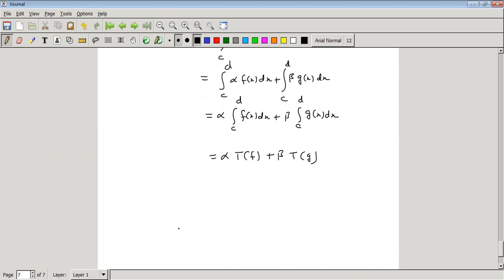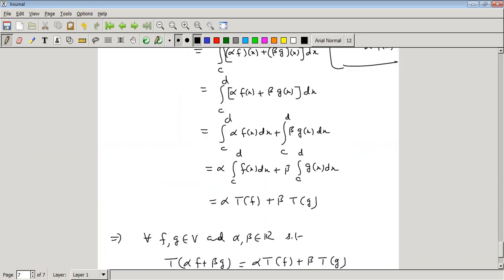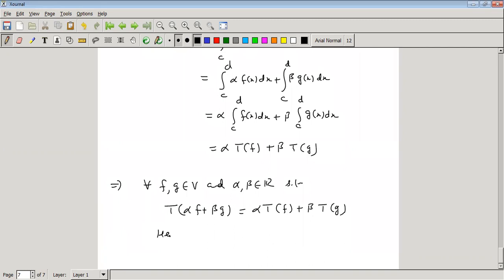So what do we get? This implies for any f, g in V and alpha, beta in the field R, T of alpha f plus beta g is equal to alpha times T of f plus beta times T of g. Hence T is a linear transformation.